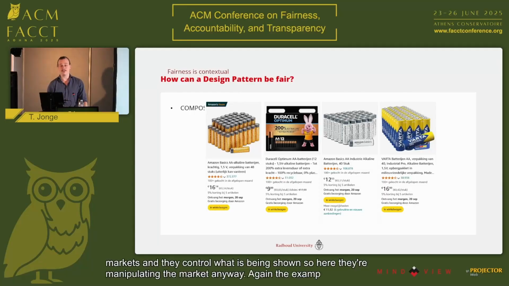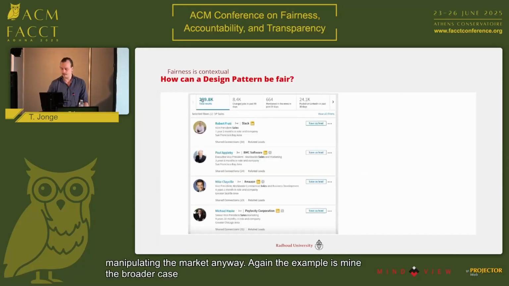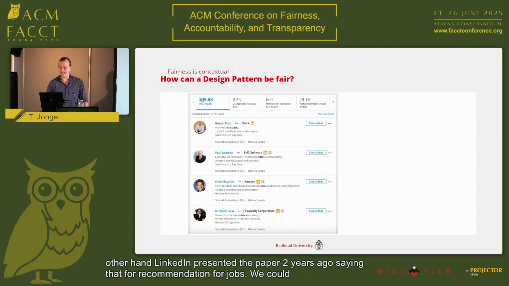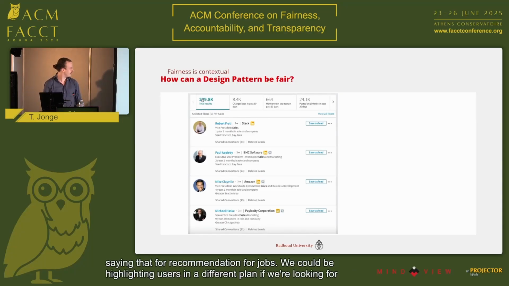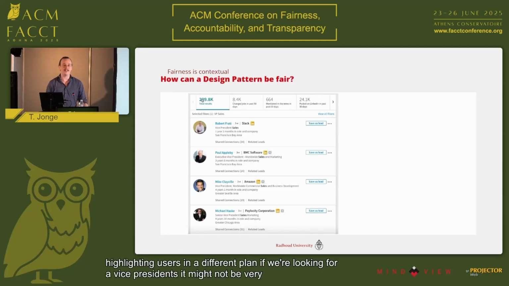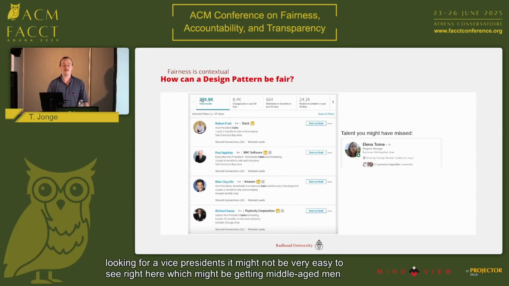Again, the example is mine, the broader case existed. On the other hand, LinkedIn presented a paper 2 years ago saying that for recommendation for jobs, we could be highlighting users in a different way. If we're looking for a vice president, it might not be very easy to see right here, which might be getting middle-aged white men. Where it might be nice to have a side view of talent you might have missed, which is someone who is not a white man.